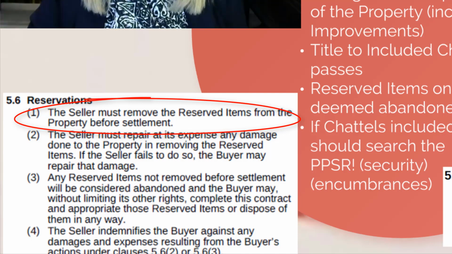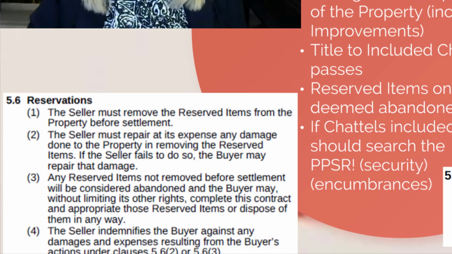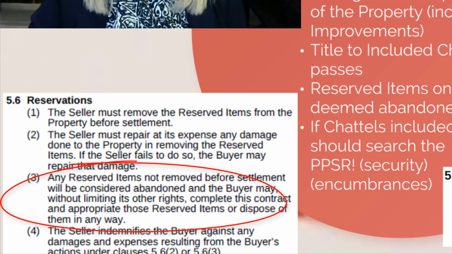You've got to repair any damage if you damage the property in removing the items. But look at 5.6 sub 3. Any reserved items not removed before settlement will be considered abandoned, and the buyer may, without limiting its rights, complete this contract and appropriate those reserved items or dispose of them in any way.